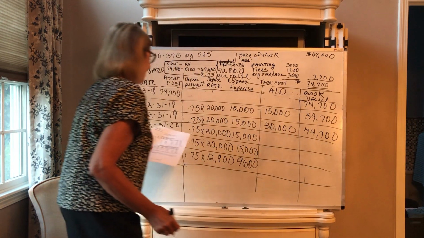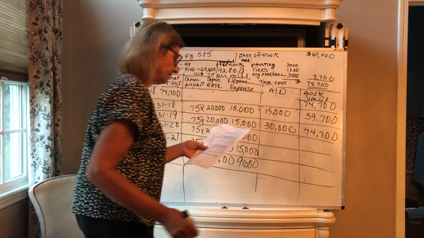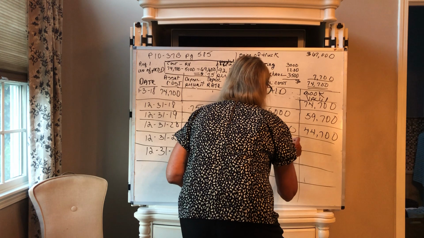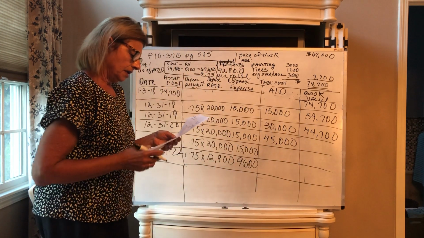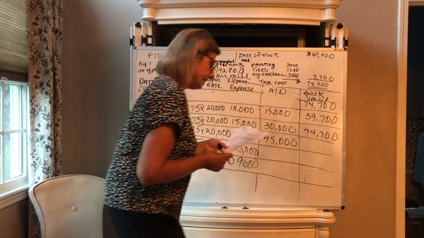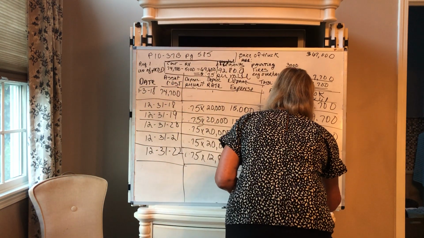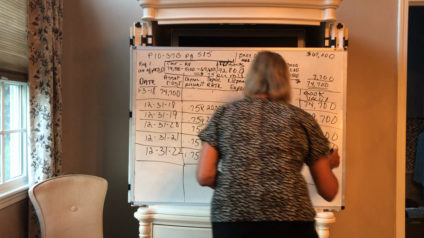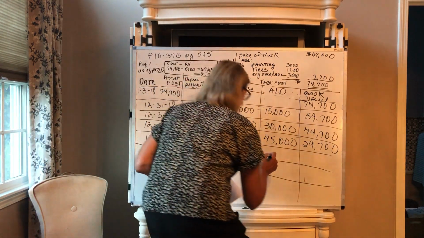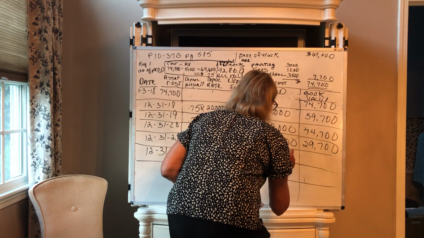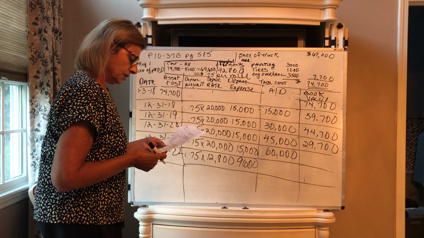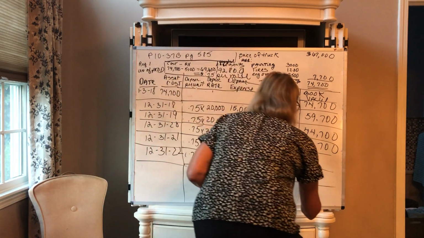In 2020, it goes up to 45,000. I can't believe they made it this easy to add. And then our book value is 29,700, cost minus accumulated. And then another 15 for year 4, we're up to 60. So book value is going to come way down to 14,700.